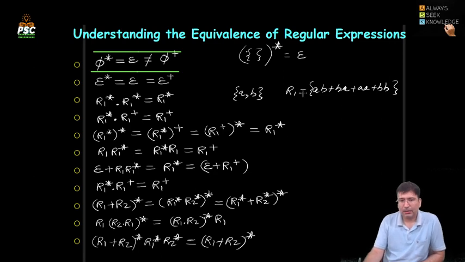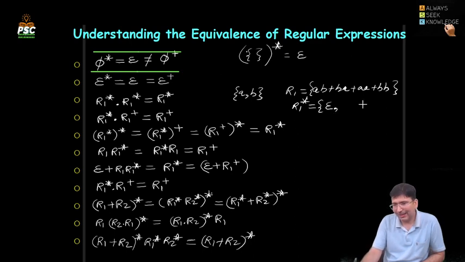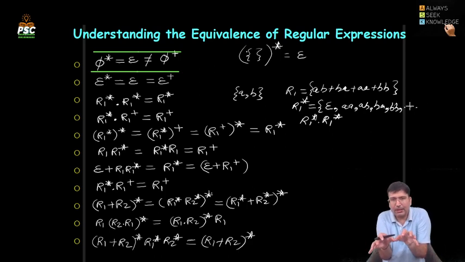Now if I write R1 asterisk, all the combinations of this starting from null, anything like AA or AB, BA, BB, and then combining like so, the 4 length, 6 length, and so on, you are generating. But if I write R1 asterisk dot R1 asterisk, nothing new I'm going to get, because whatever things are possible with these combinations, you have already included. So if you start combining R1 star with R1 star, the similar kind of thing you will get.